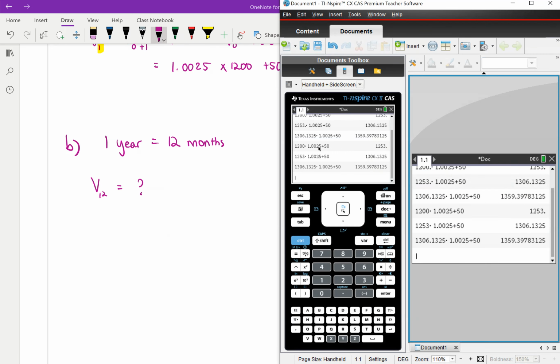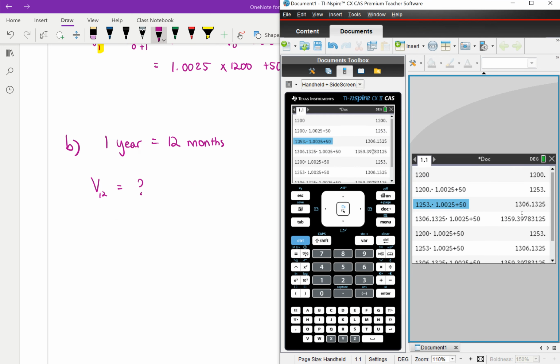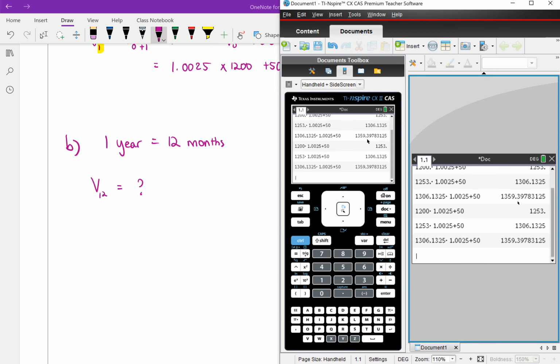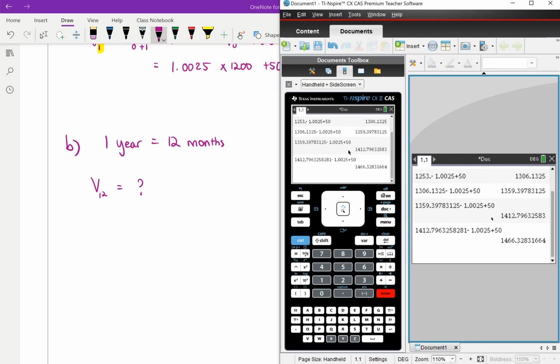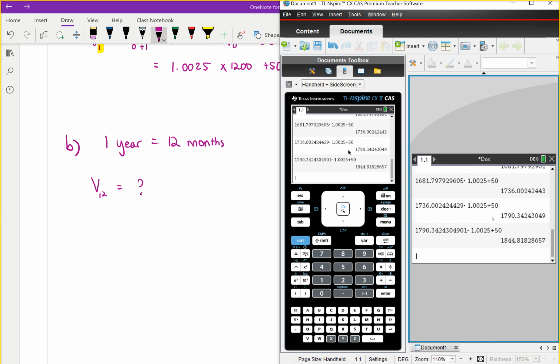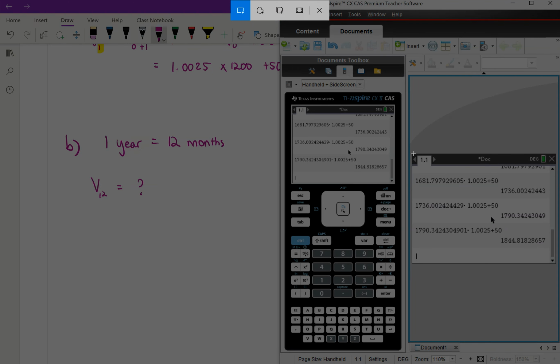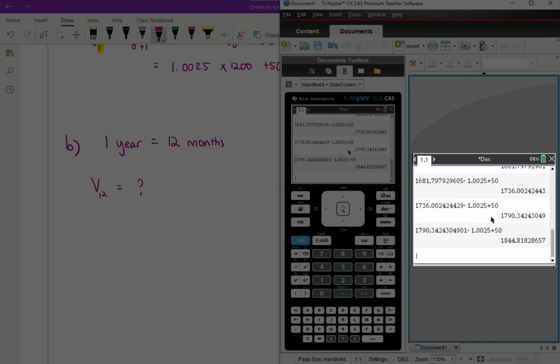Okay, so this is the long way of doing it before you actually use the finance solver. But here we go. If I were to do this again, we started off with 1200, and then we said times 1.0025, add 50, so that gives me 1, 2, 3, 4, 5, 6, 7, 8, 9, 10, 11, 12. So that should tell me that this is my 12th payment.